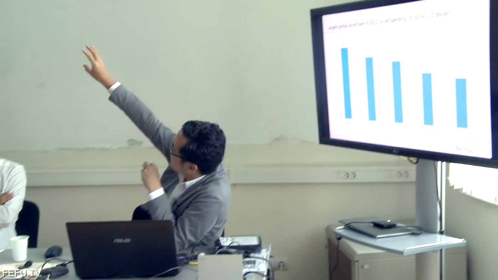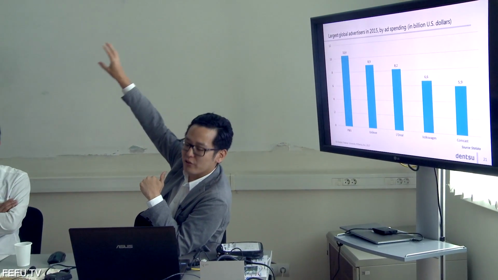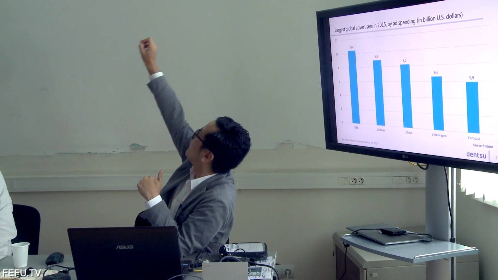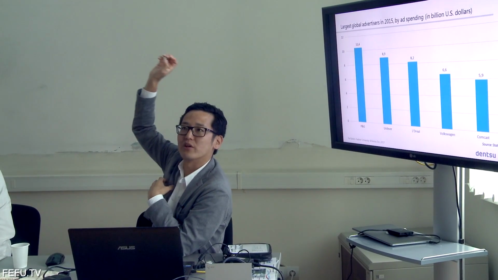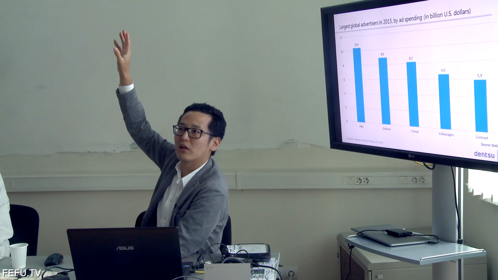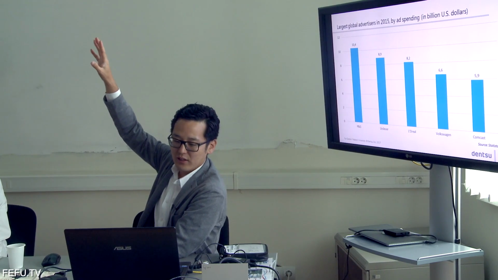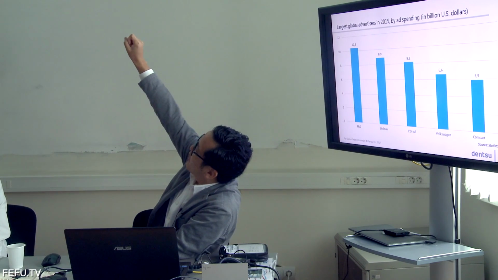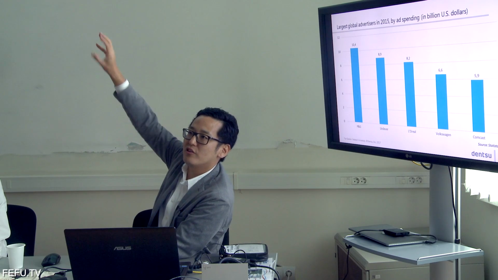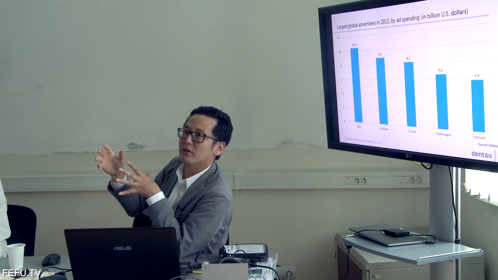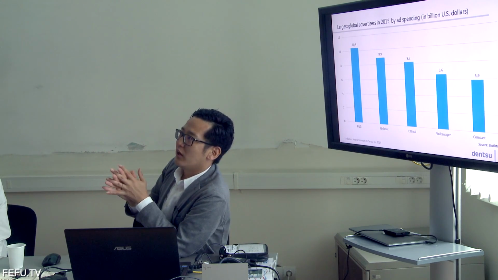And then let me give you an idea of the global advertisers in 2015. So you may recognize these huge companies like P&G, Unilever, L'Oreal, Volkswagen, and Comcast. These are the top 5 global clients. And surprisingly, P&G and Unilever are FMCG companies.